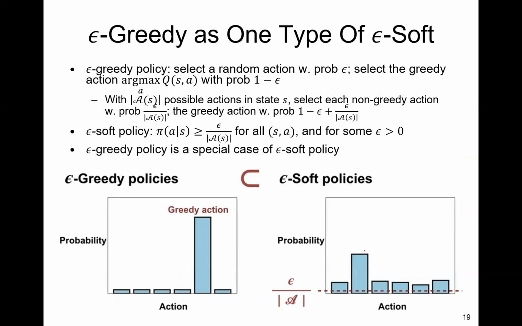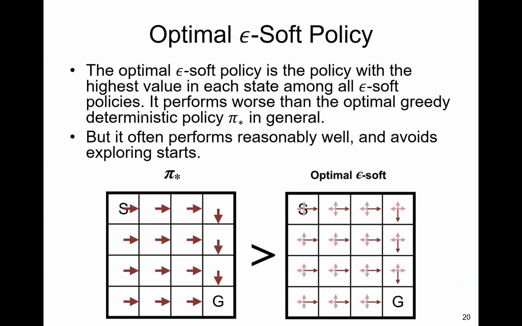So epsilon greedy is a popular approach for performing exploration. We discussed this before, where you choose the greedy action with this probability, and the other actions with epsilon divided by the action selection size. The optimal epsilon soft policy is the policy with the highest value in every state among all epsilon soft policies.